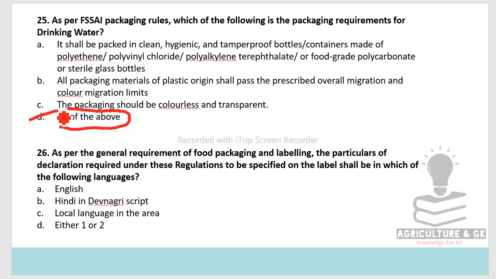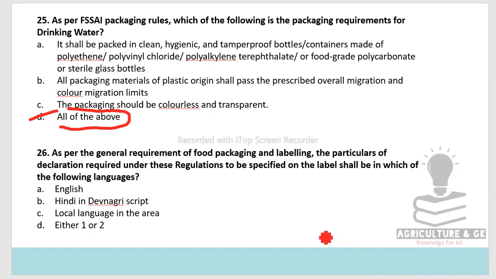Now moving next, as per the general requirement of food packaging and labeling, the particulars of declaration required under these regulations to be specified on the label shall be in which of the following languages: English, Hindi in Devanagari script, local language in the area, either one or two.